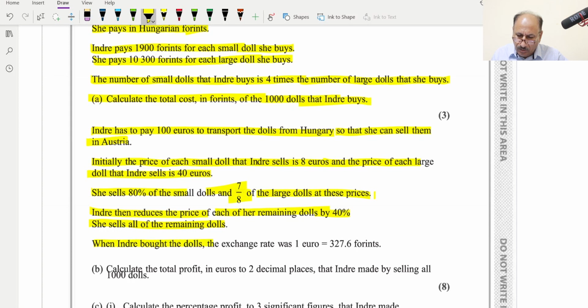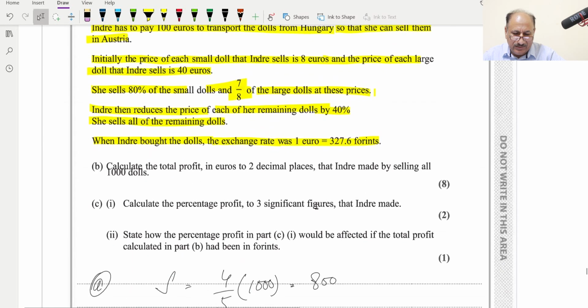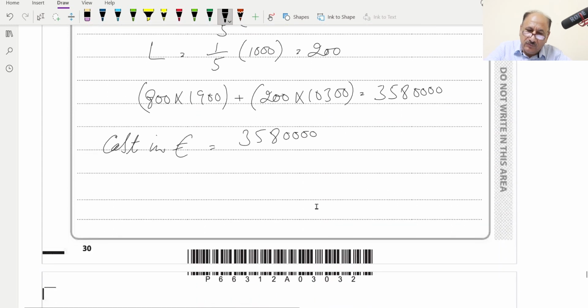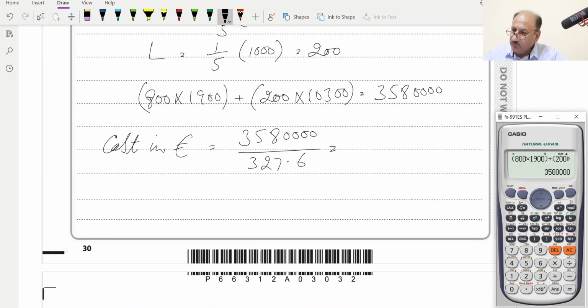When Inder bought the dolls, the exchange rate was this much. So we will convert the amount by this exchange rate. This will be divided by the conversion ratio, which is 3 to 7.6. This one we can calculate.